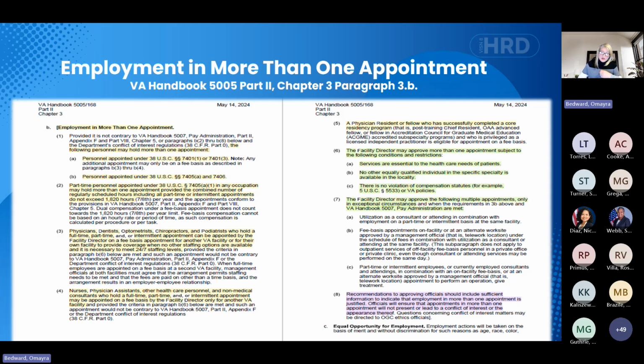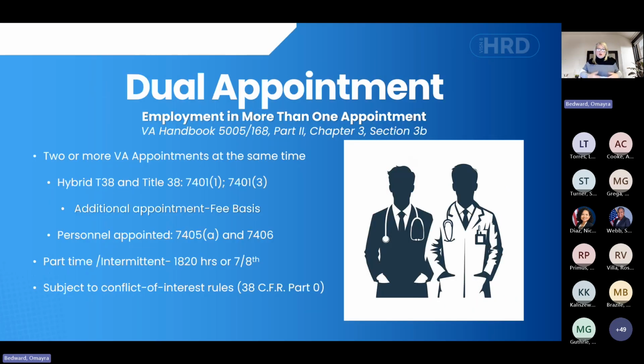Okay, so let's go to the first section, which is 5005, Part 2, Chapter 3, Section 3B. Let's see what this says. A dual appointment means that the employee can hold more than one VA appointment at the same time.